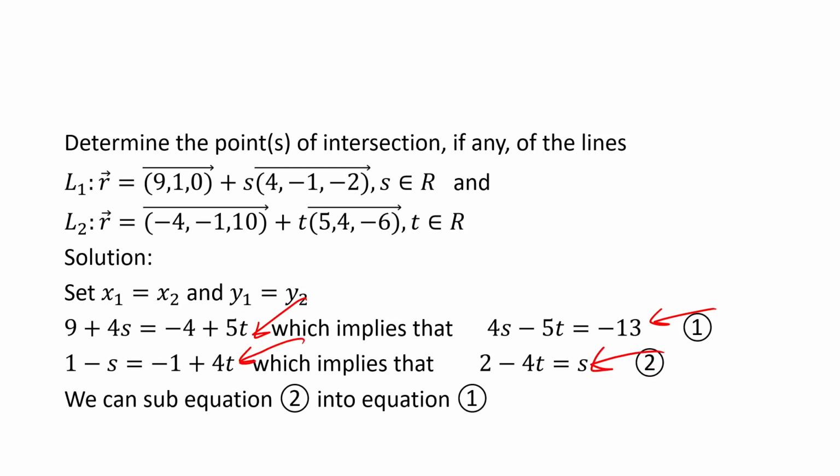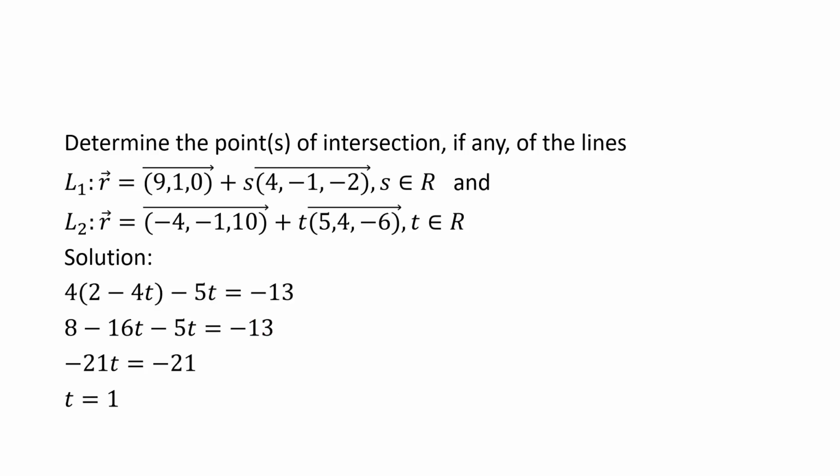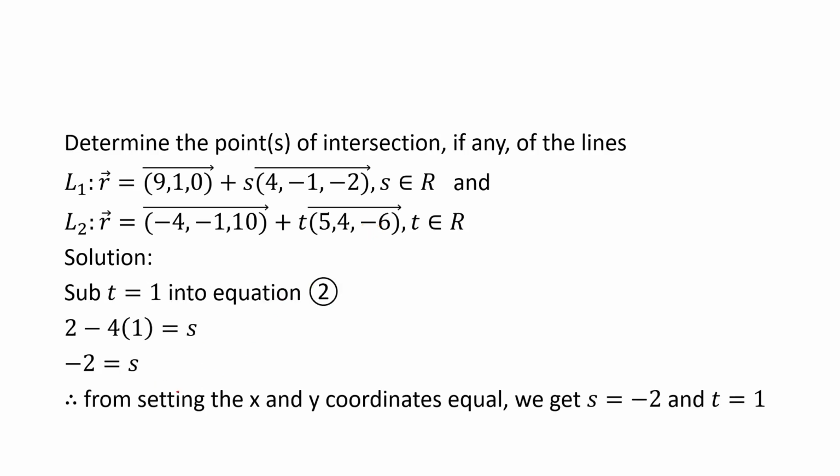What we're now going to do is take this second equation, equation 2, and sub that expression into equation 1. So equation 1, instead of 4s minus 5t equals negative 13, becomes 4 times 2 minus 4t minus 5t equals negative 13. Ultimately, that means negative 21t equals negative 21, so t is equal to 1.